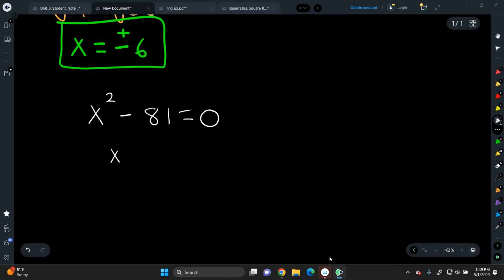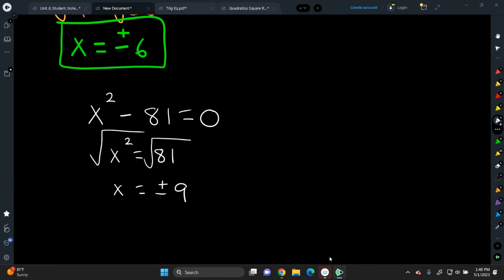So all we're going to do is move the 81 over. We're going to add 81 to both sides. Right. So we're going to take the square root of both sides. So x is equal to plus or minus 9.